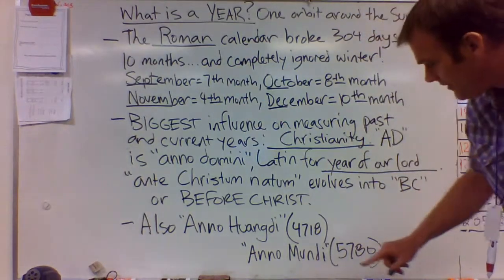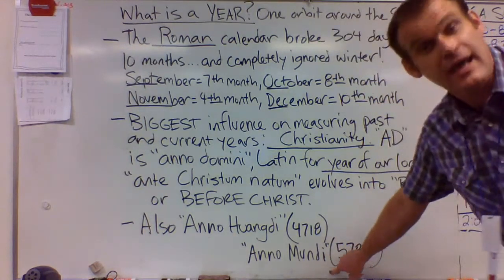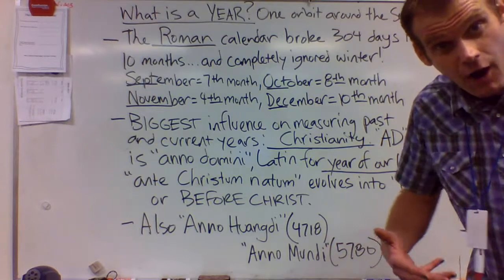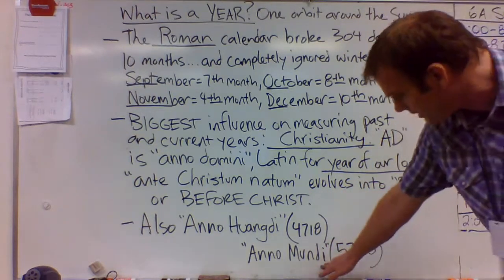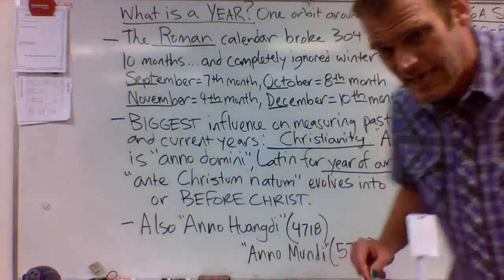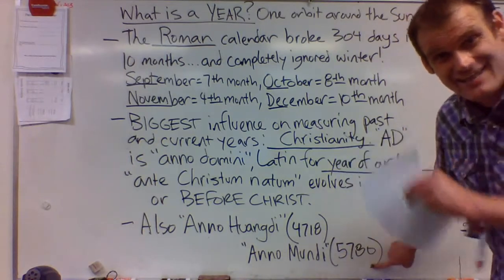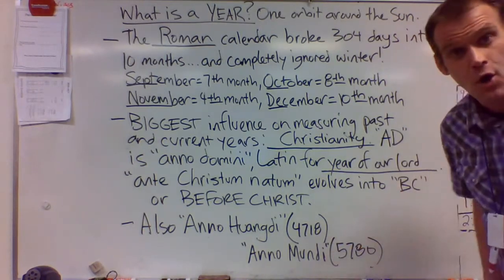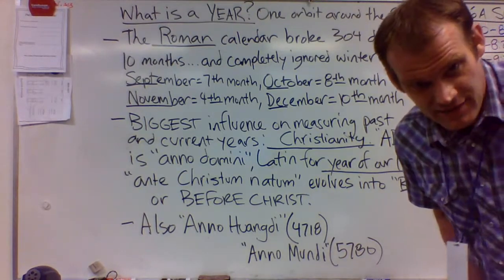Another great example of this would be the Jewish calendar. We have Anno Mundi, and this actually means in the year of our planet, the year of our world. This year actually marks the beginning of everything, okay? And you can see that year is a little bit bigger here. If we were to take the year 2020 AD and translate it into Anno Mundi, we would actually be in the year 5,780.